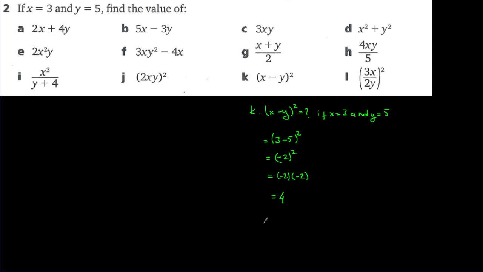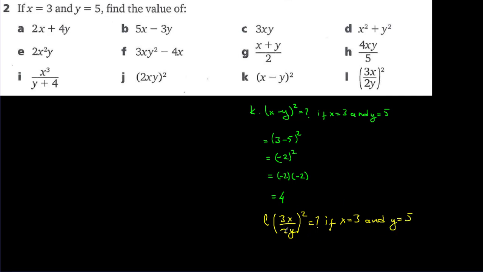Okay, here I can solve the L1 also, and we are going to write for the L1: 3x divided by 2y square, which is equal to what? If x is equal to 3 and y is equal to 5.